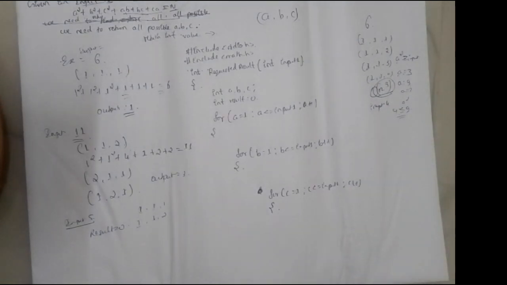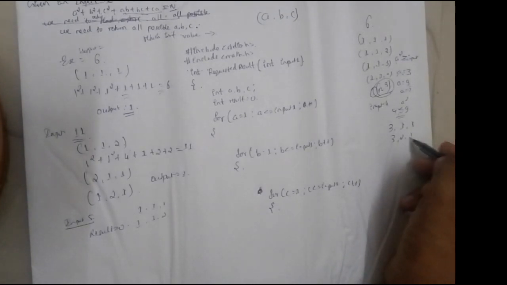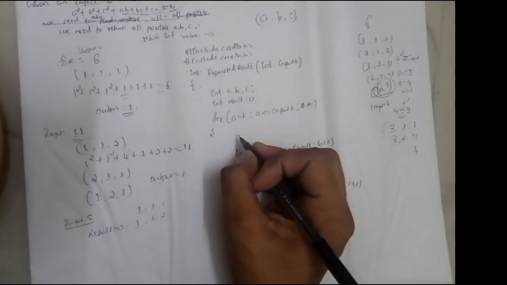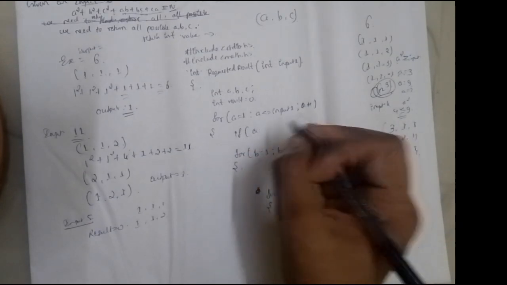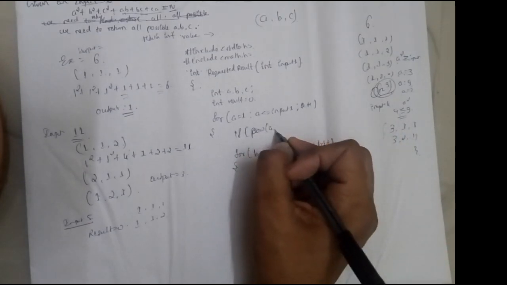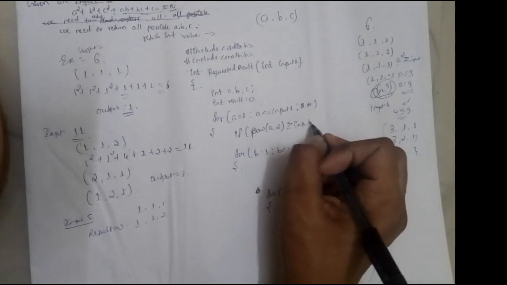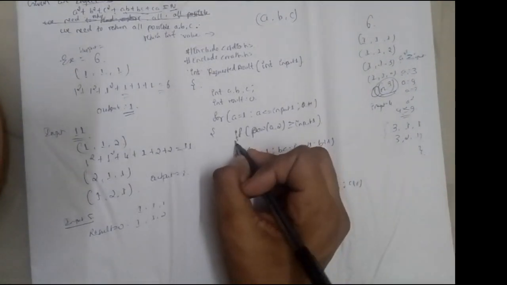So we need not calculate all of 3, 1, 3, 2, 1, so that wastes cycles. So we need to add that constraint here: if power of a comma 2 is greater than or equal to input 1, then we need to break.